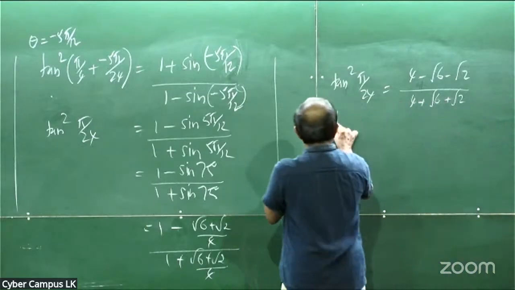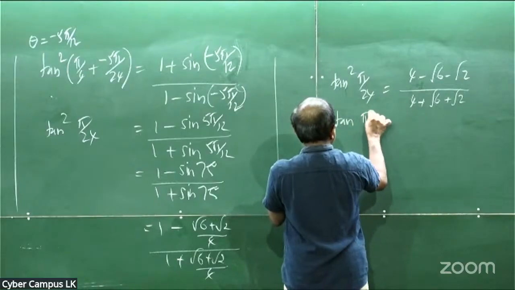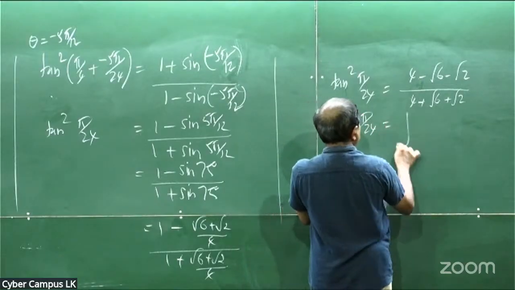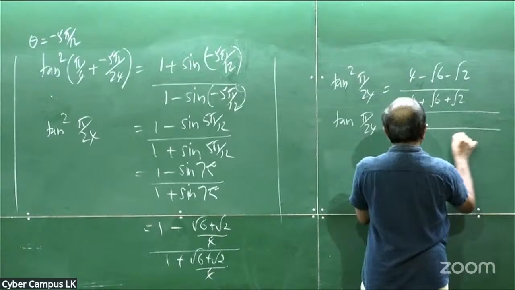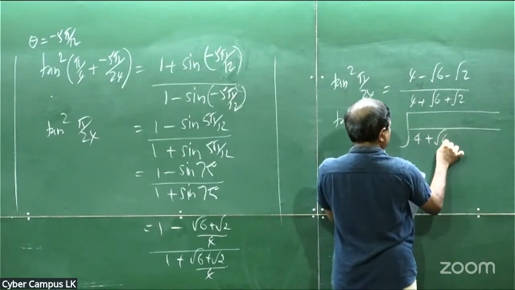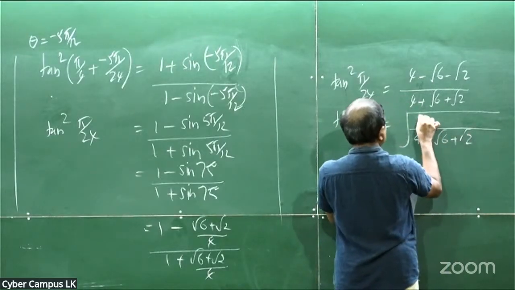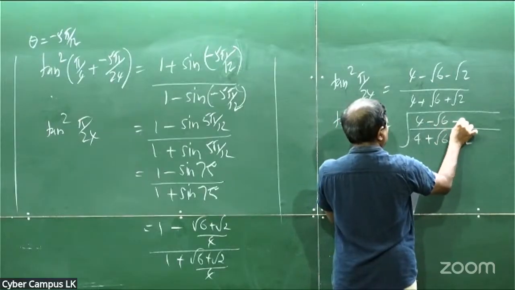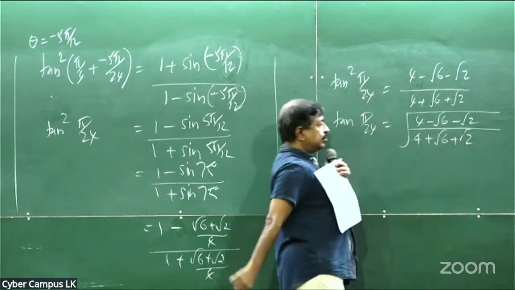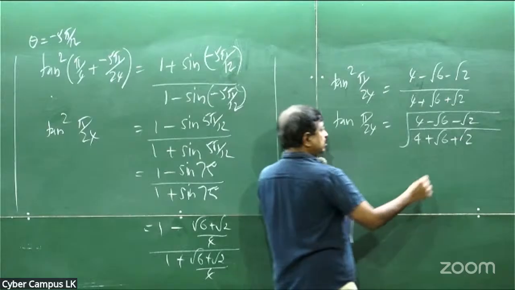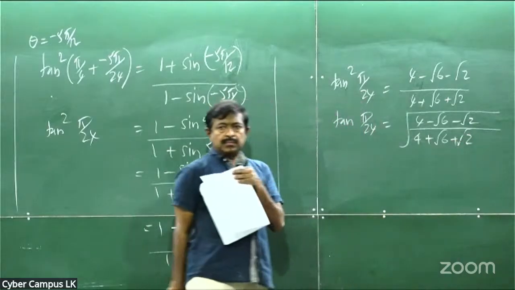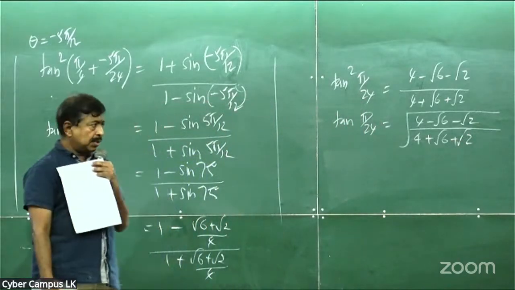Why worry too much? We'll take the square root. You can find it like that.